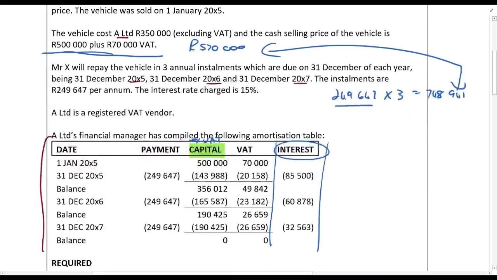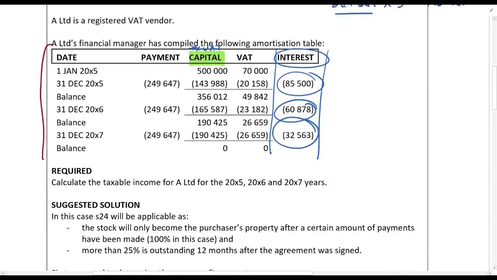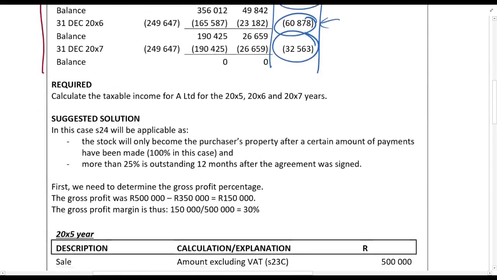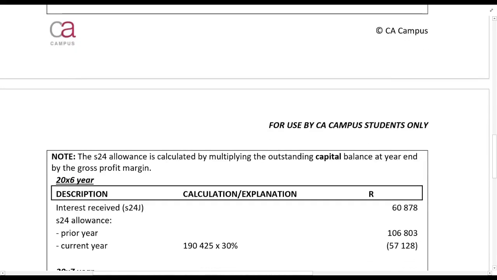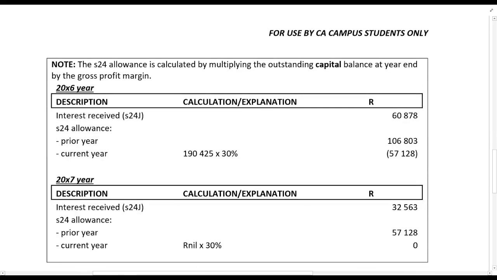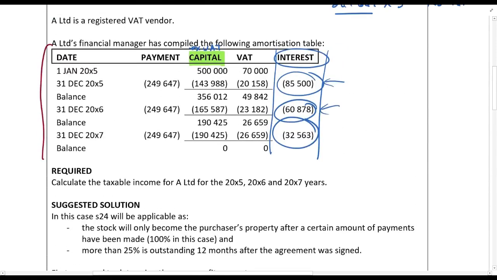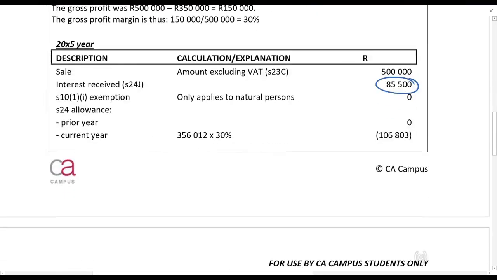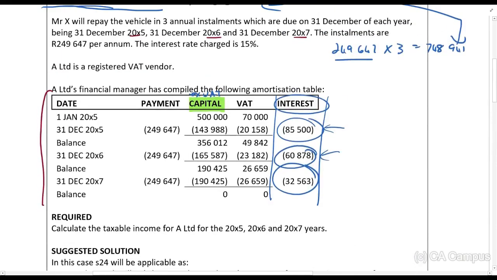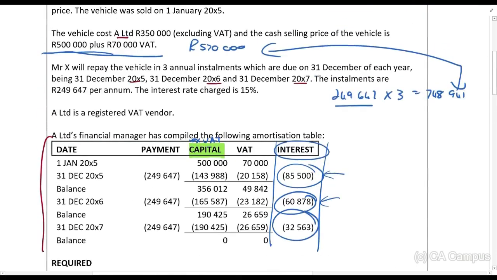Now that interest, guys, is taxable as normal. It's normal interest. So check the 85,500, 60,878 and 32,563. If this is a natural person, in this case it's not, then you'd also get your exemption. Alright guys, so now we can talk about section 24.